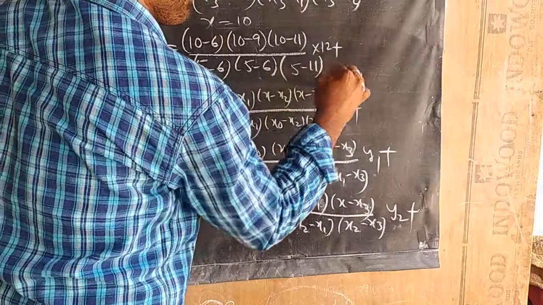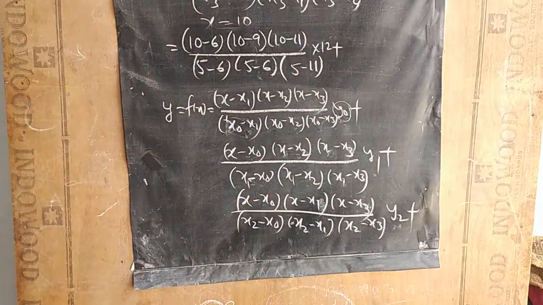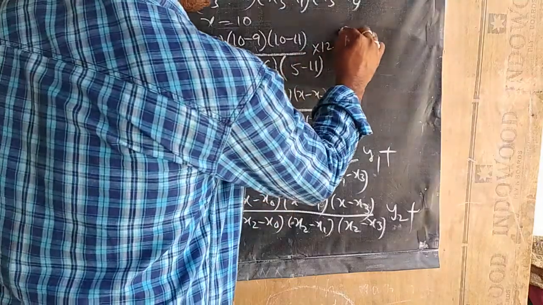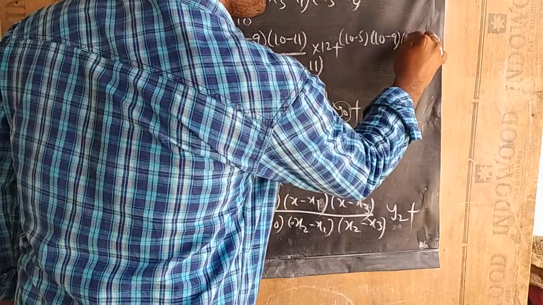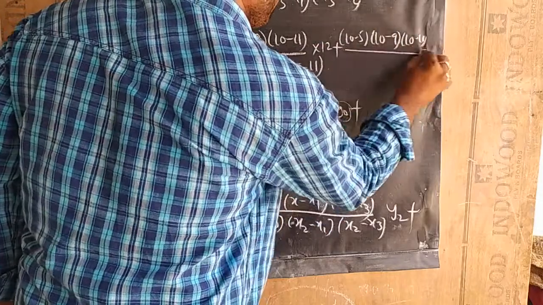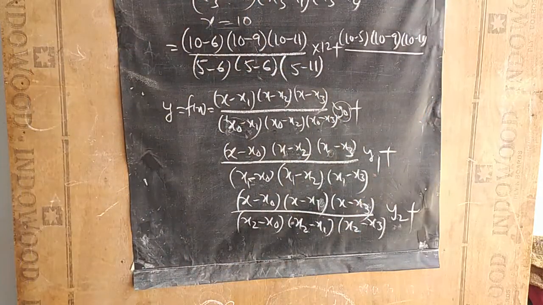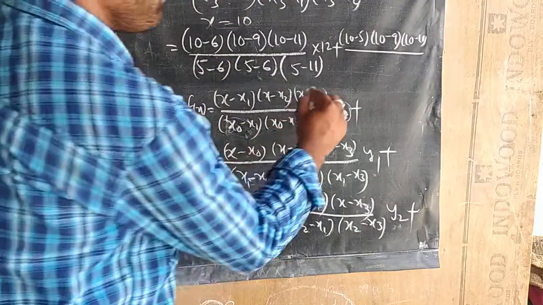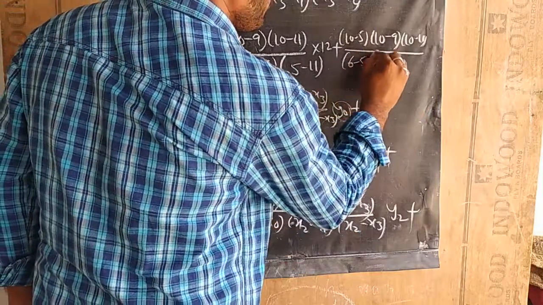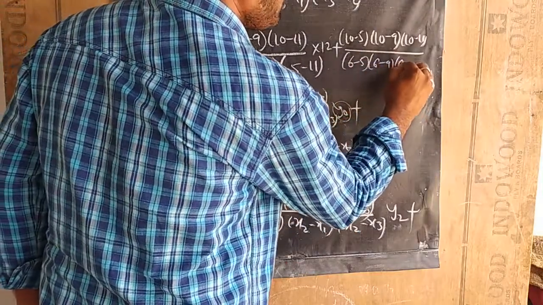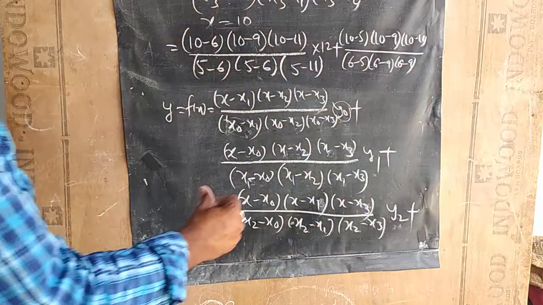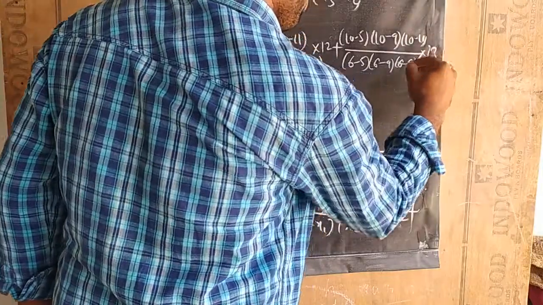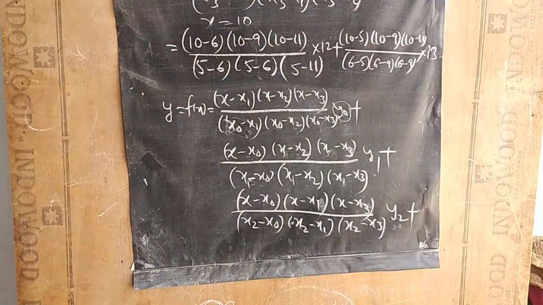into 12, plus the next numbers: 10 minus 5 into 10 minus 9 into 10 minus 11 divided by 6 minus 5 into 6 minus 9 into 6 minus 11 into 13.